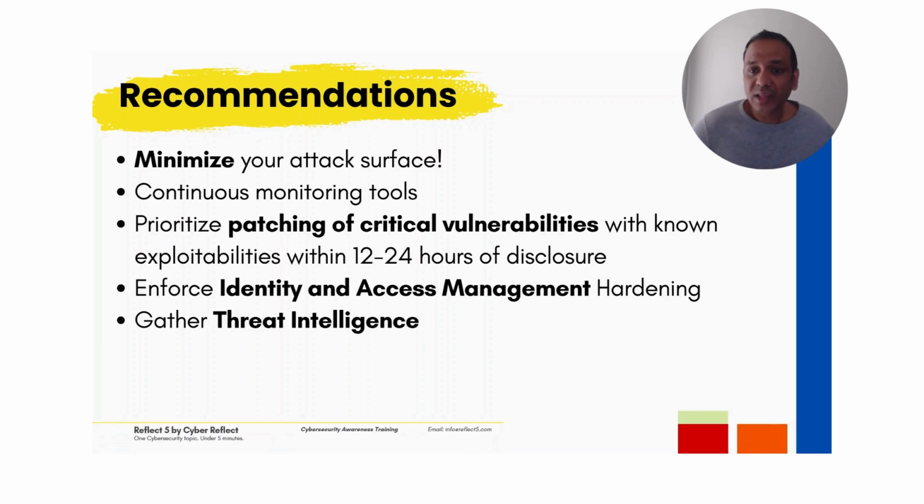You need to prioritize patching of critical vulnerabilities within 24 hours of disclosure, ensure strong identity and access management controls like two-factor authentication, ensuring that we are using apps, we are using different types of authentication and authorization mechanisms, and always gather threat intelligence to know if any of your resources are being exposed to the internet or if there has been data leakage.